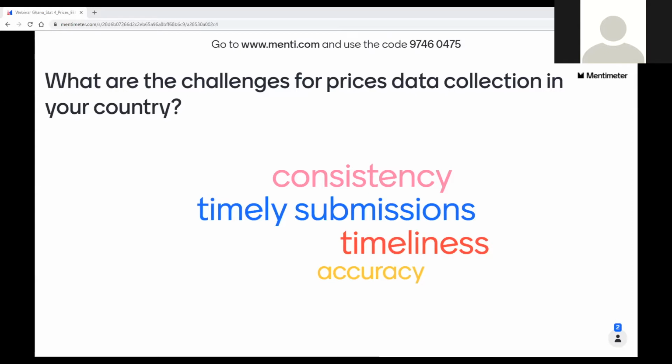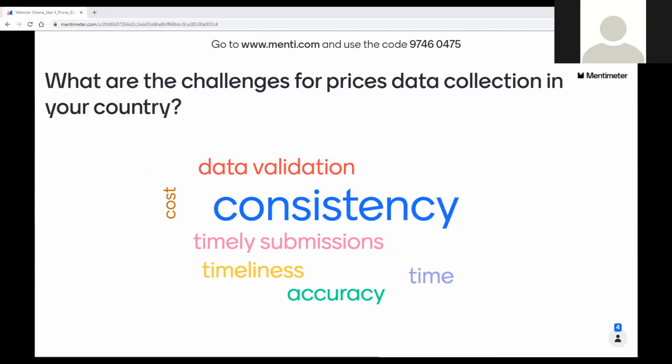So consistency, yes. Timely submission, indeed. Timeliness, accuracy. It's also costly. There's also the human resources needed to collect those kinds of data, yes, cost.